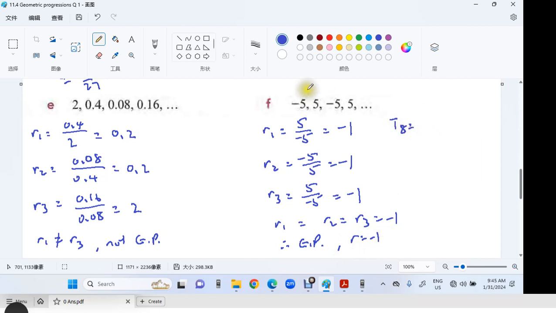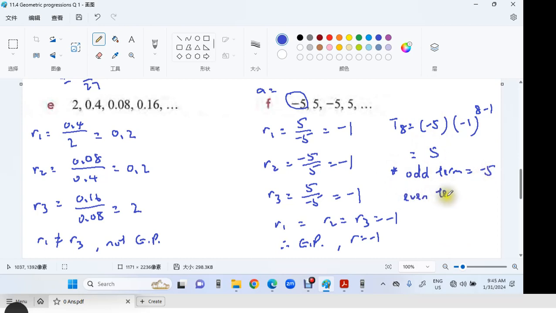And the 8th term, this is the A, will be negative 5 and then negative 1 to the power 8 minus 1. So this is 5. So negative 5, 5, negative 5, 5, negative 5, 5, negative 5, 5. So we know that the odd terms are negative 5 and the even terms are 5.